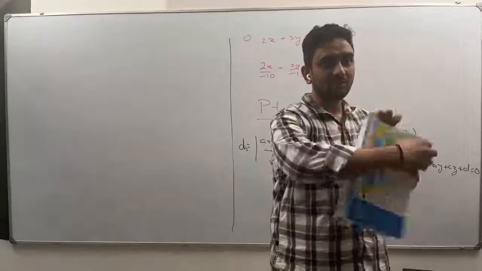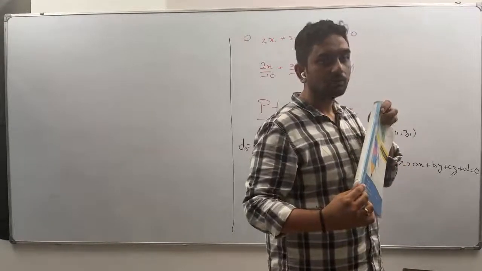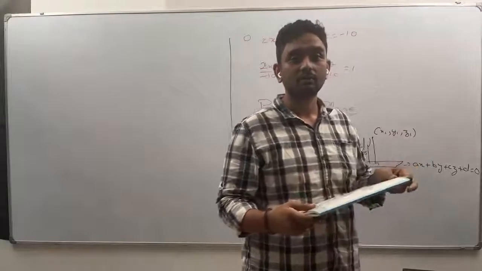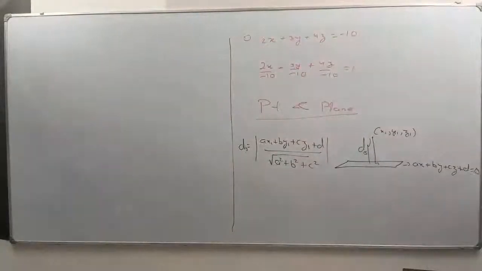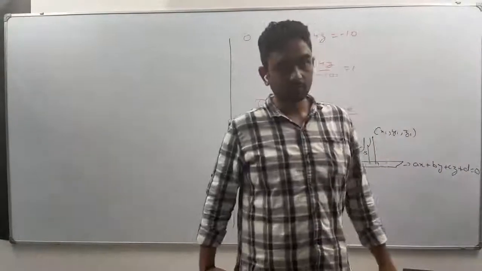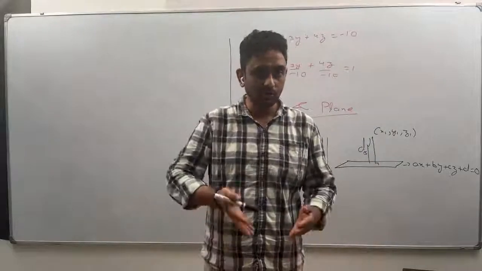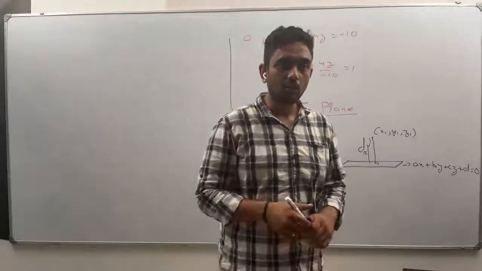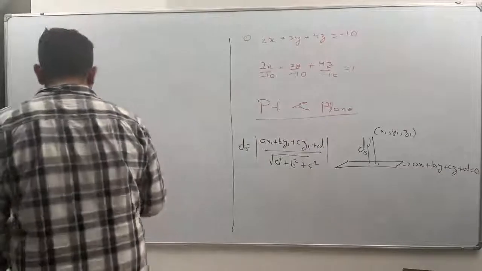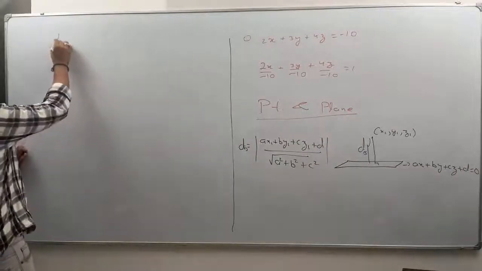A common line of intersection. That's how we define a family of planes: all the planes having a common line. So like a notebook, like your book, they have a common intersecting line.